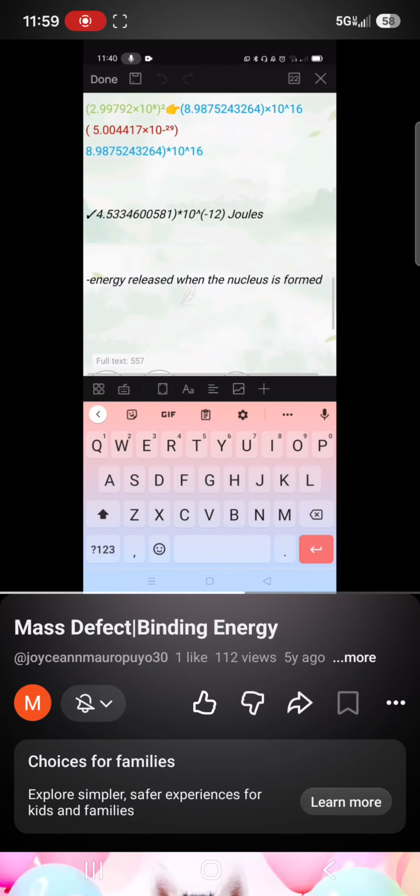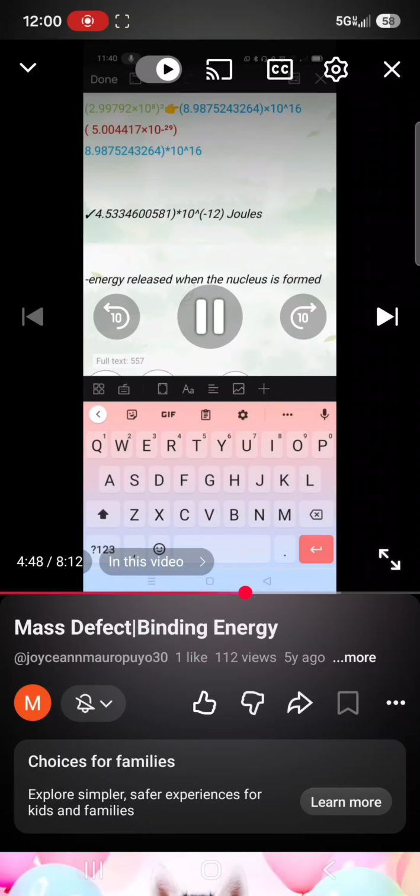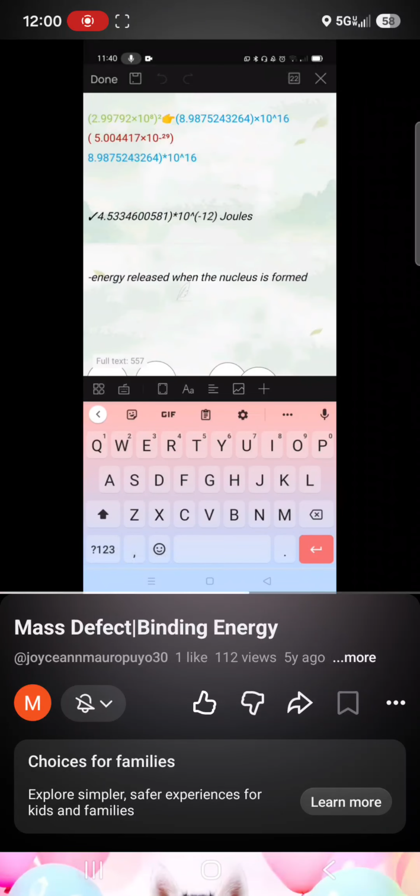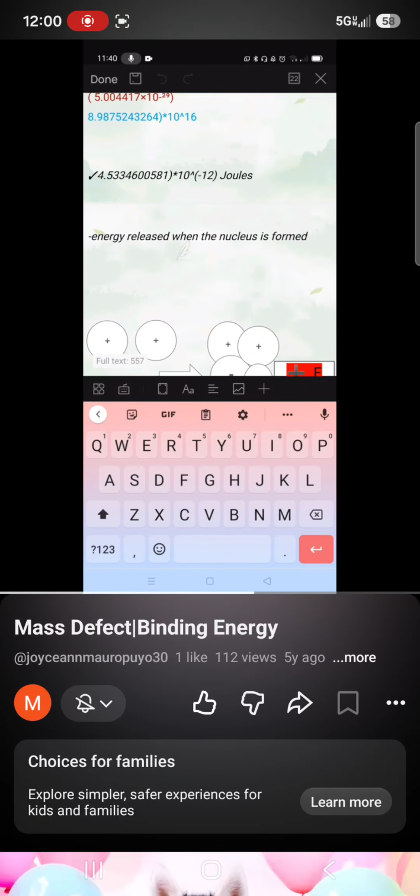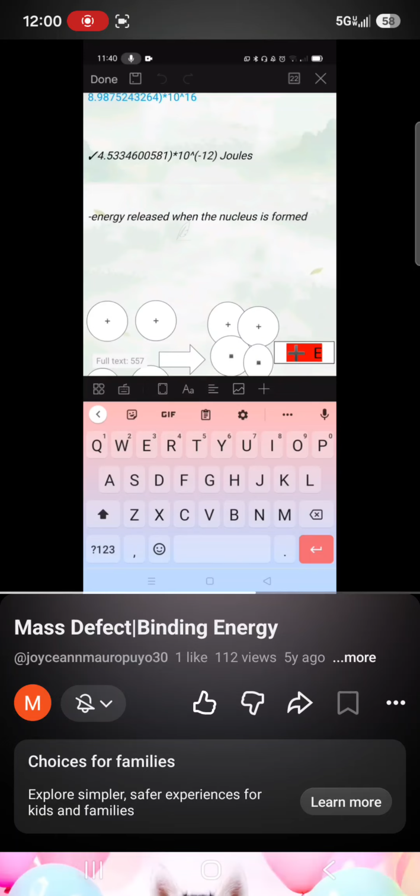Therefore, we now have the energy release in joules, 4.5334600581 times 10 raised to negative 12 joules. So this is the energy released when the nucleus is formed.